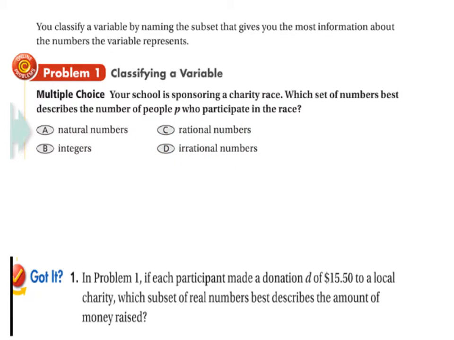Depending on whether there's an odd number of donors, we're going to get that 50 cents, and that'll make a difference whether it's a natural number or rational. So we would really have to pick rational because of the possibility that it may not be natural. So rational would be the best choice for the amount of money raised.